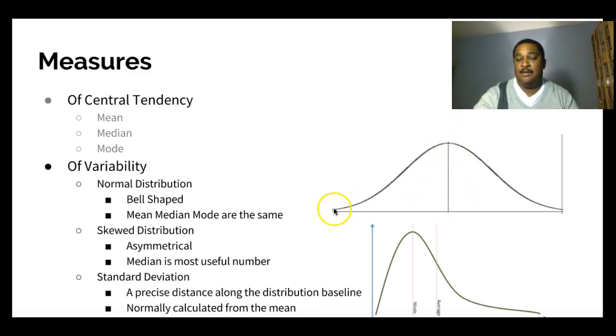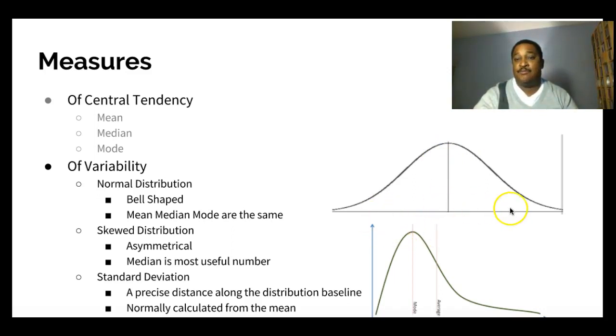Let's say this number at this point was 1, this was 2, this was 3, this was 4, and this was 5. 3 would be the answer to both the mean and the median, not the mode, because actually 3 doesn't appear more than once, but if it did, that's where it would be.